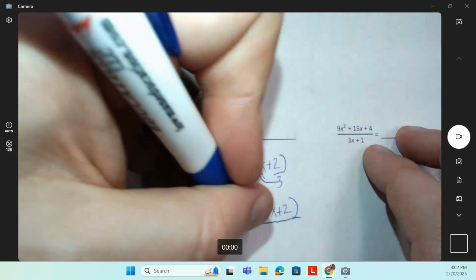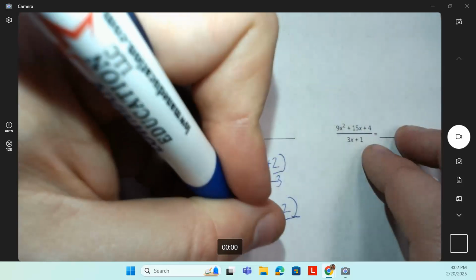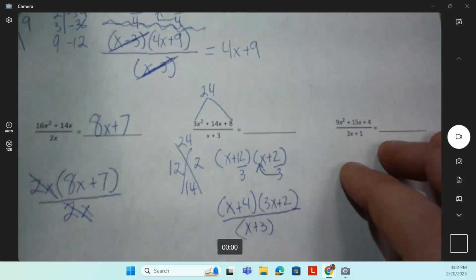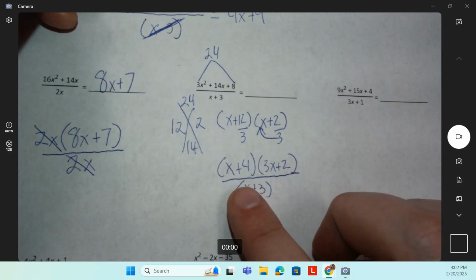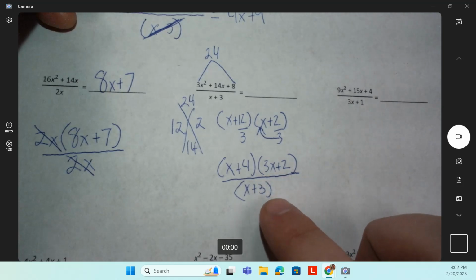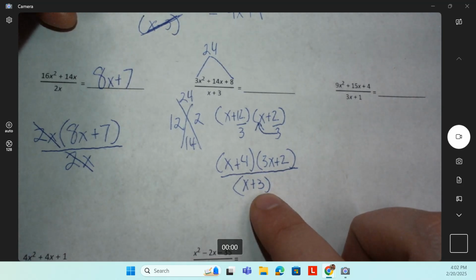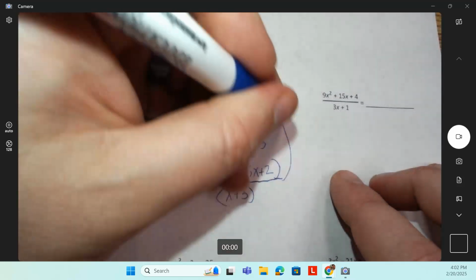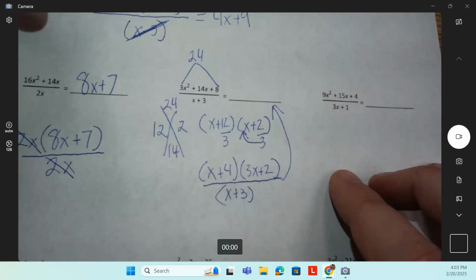Then I will add my x plus 3 back at the bottom. When I look here, x plus 4, 3x plus 2, and there's an x plus 3 on the bottom. So this one doesn't simplify down at all. We just copy that same thing down, and that's going to be our answer.